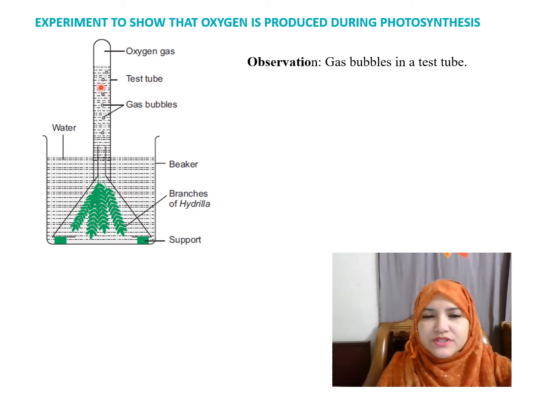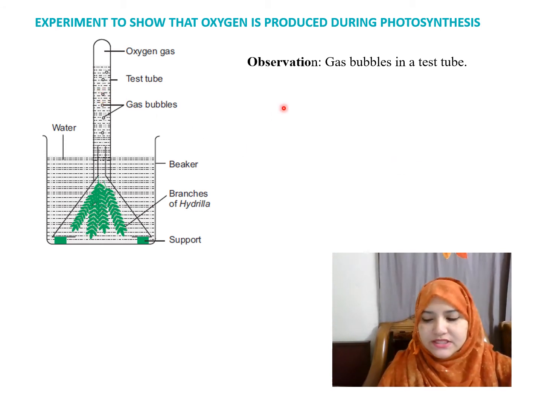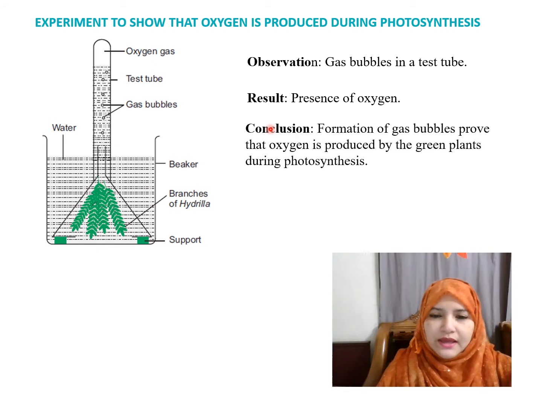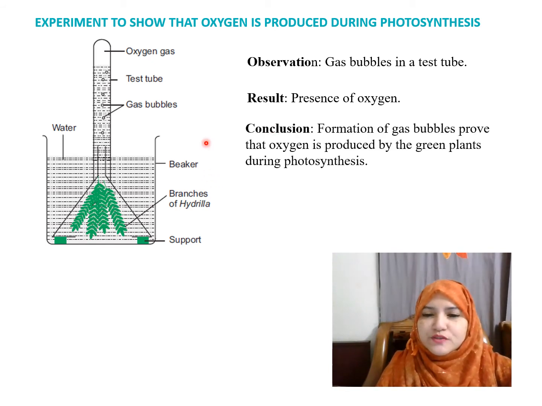We can observe gas bubbles in the test tube, and this result confirms the presence of oxygen. We can conclude this experiment like this: formation of gas bubbles proves that oxygen is produced by the green plant during photosynthesis.